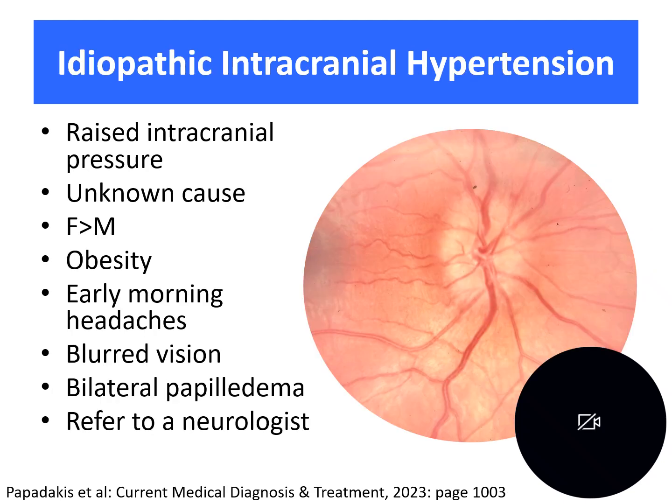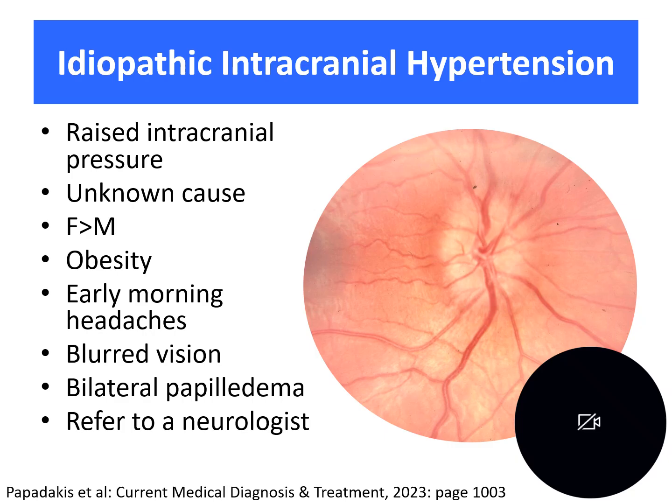Another cause of blurred vision, which is kind of urgent but not an emergency situation, is a condition known as idiopathic intracranial hypertension. You've done this in trimester 3 when Dr. Alatar covered nervous system pathology.